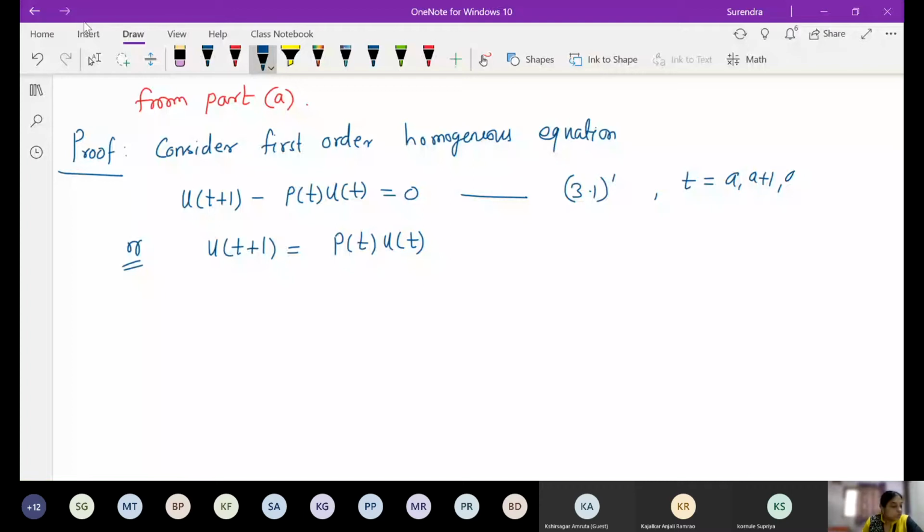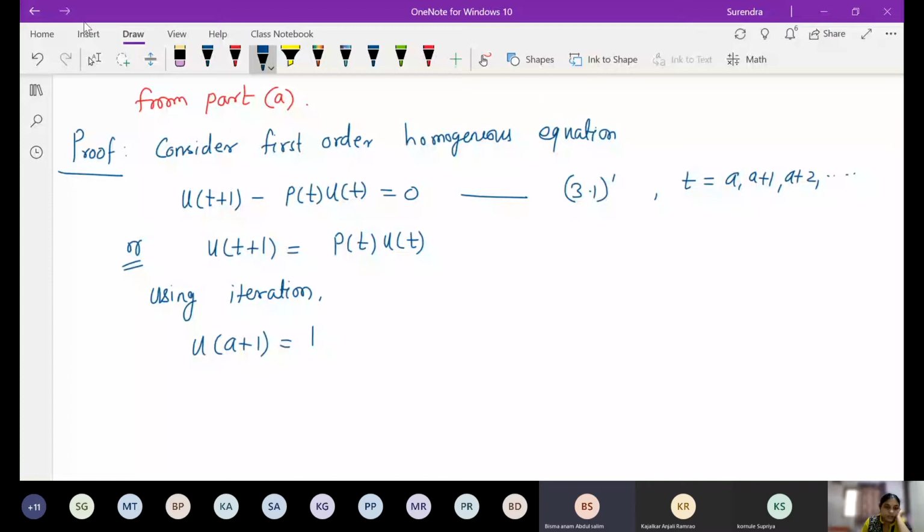So if I want to solve it using iteration, what will be my u at a plus 1? If t is equal to a, what will be u at a plus 1? It is p at a into u at a.